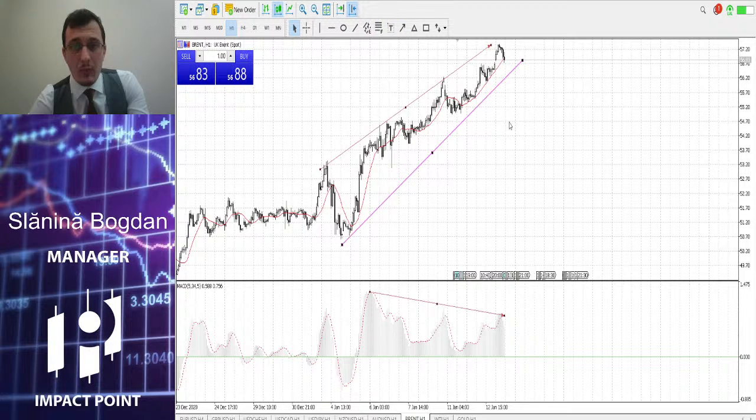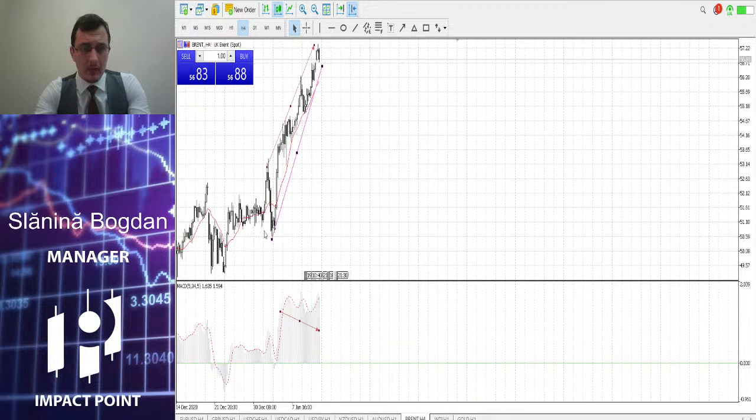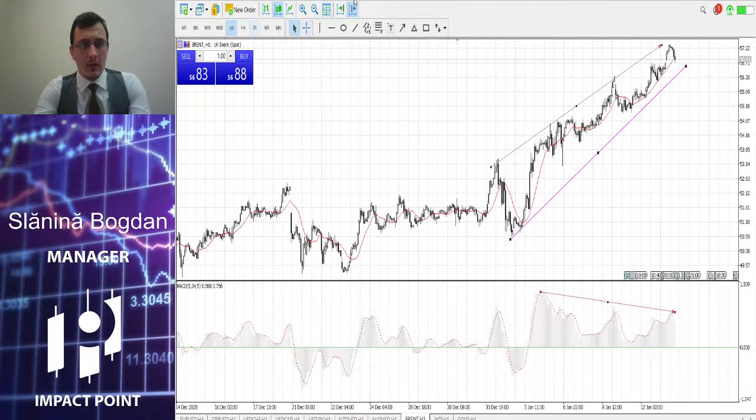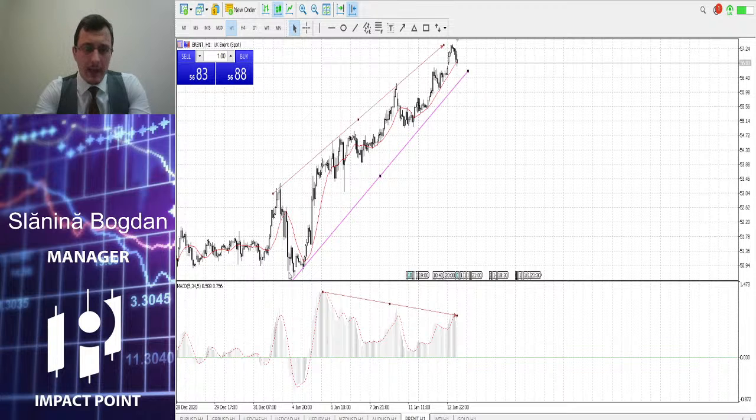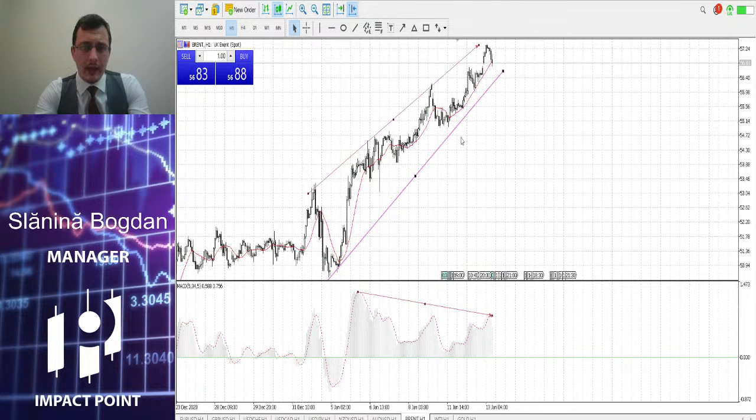We expect to sell, and just see if it will penetrate this kind of trend line.